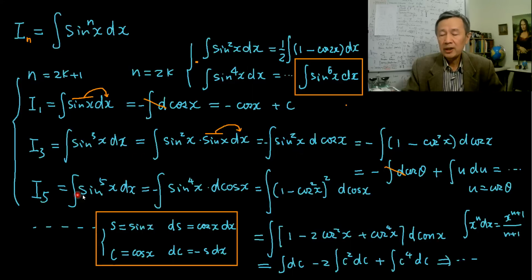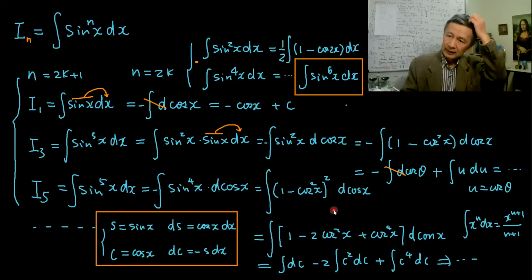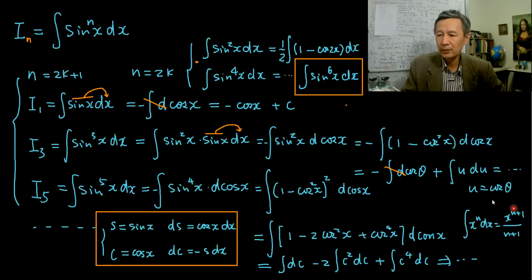And even if it looks higher, we still can manage that, because it's an odd number, we can always borrow the cosine so that we can introduce the power form. That's the important trick used in dealing with this integral when n is odd.